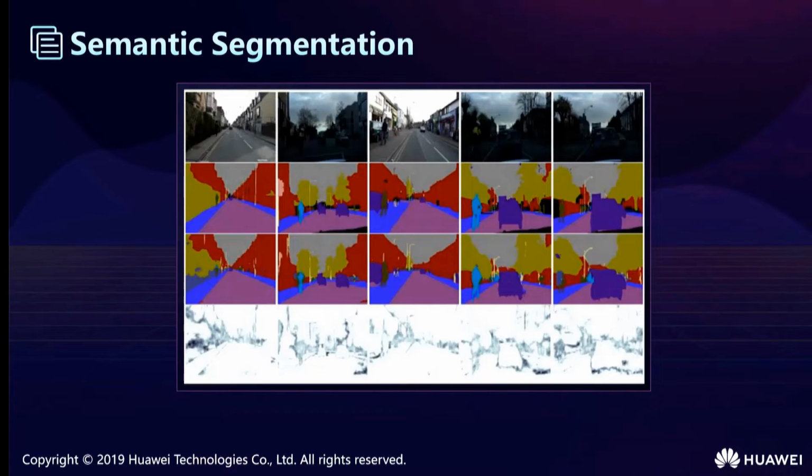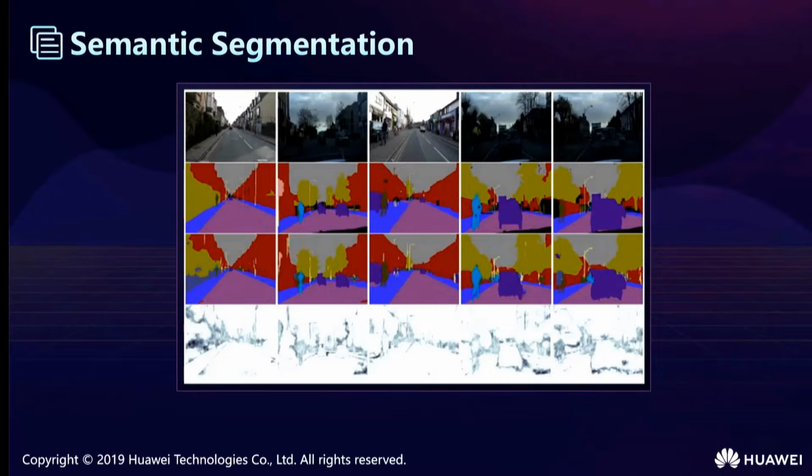Semantic segmentation is about predicting the label of each pixel in the image. Segmentation and recognition will be used for unmanned driving, augmented reality, and situation awareness.